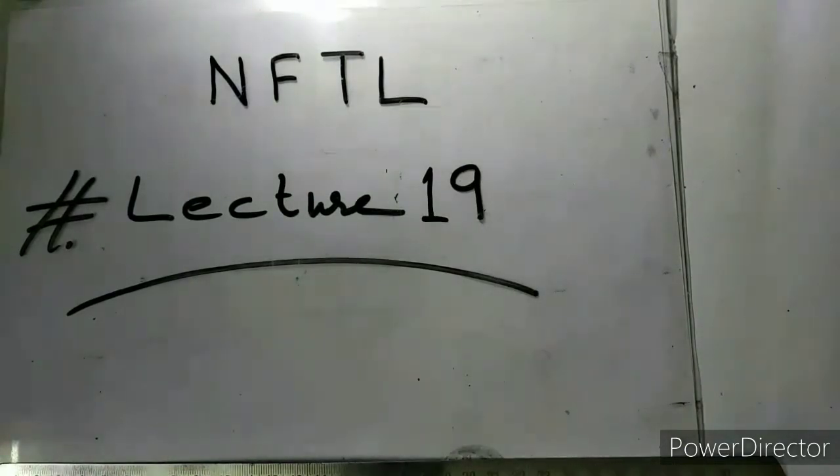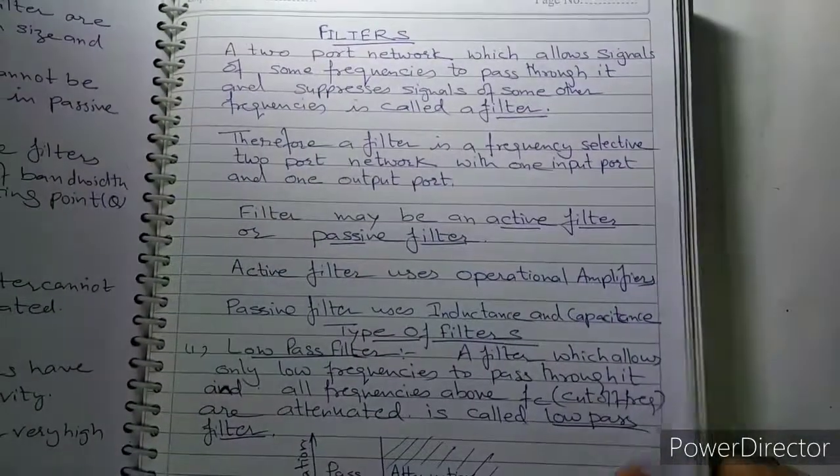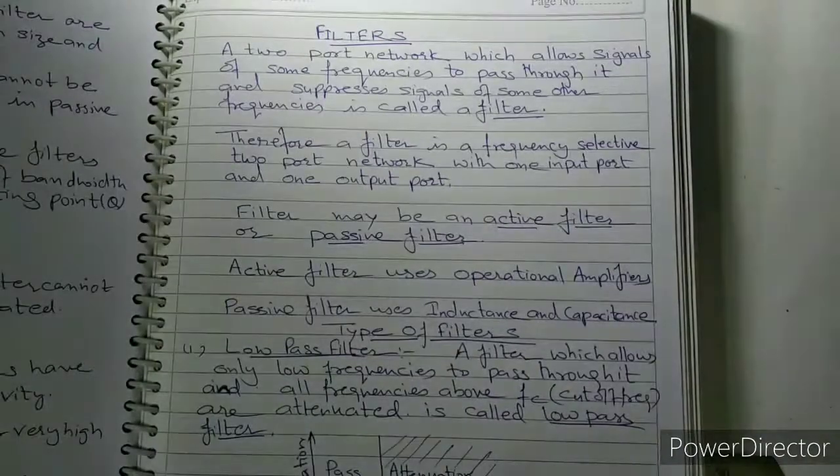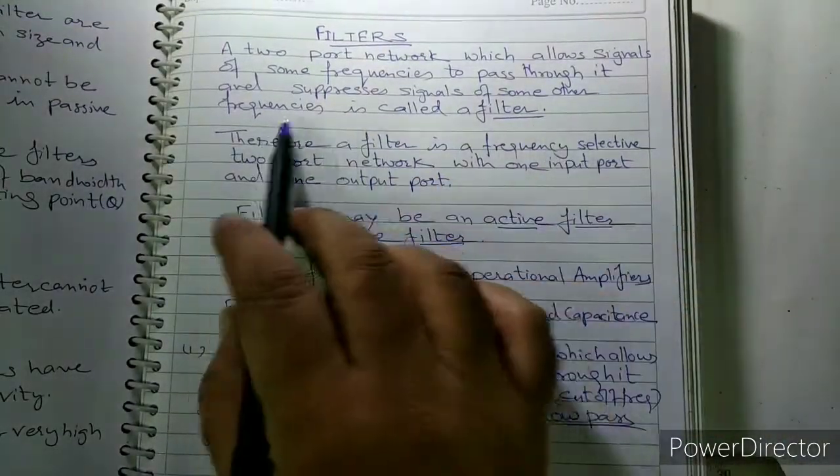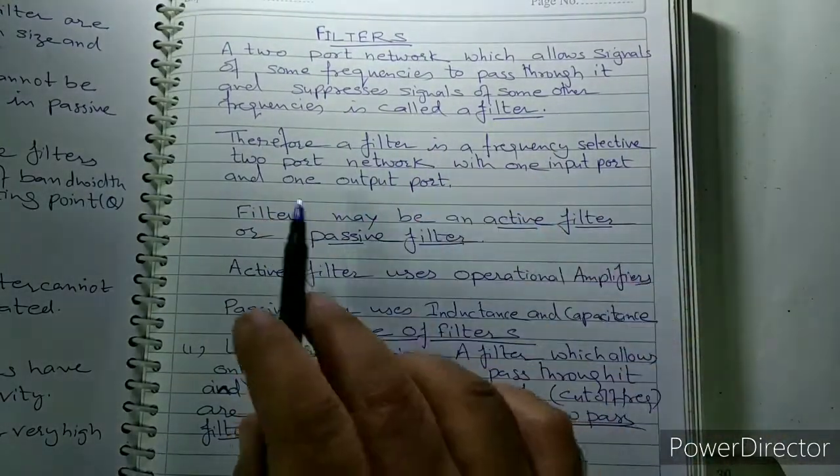That is filters. What do you mean by a filter? A two-port network which allows signal of some frequency to pass through it and suppress the signal of some other frequencies is called a filter.